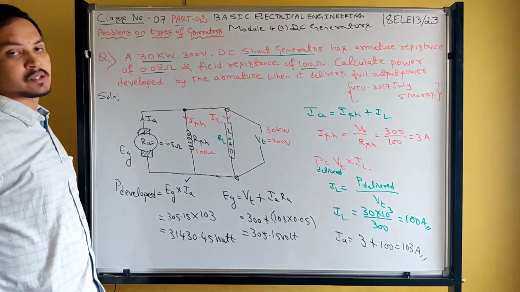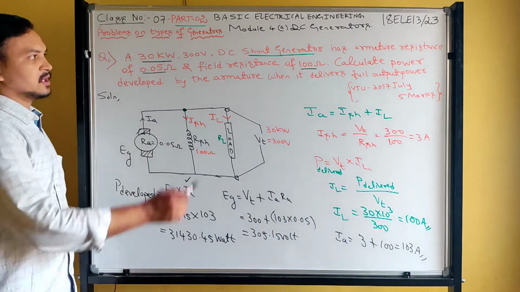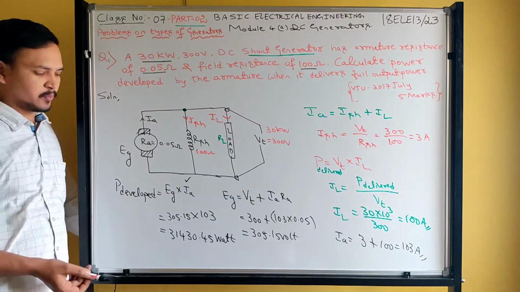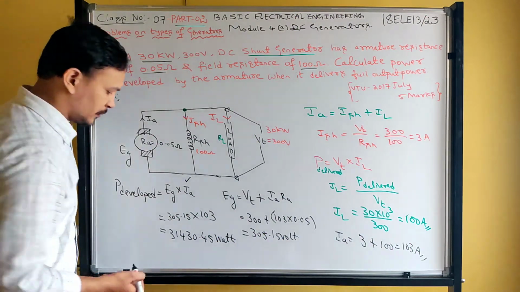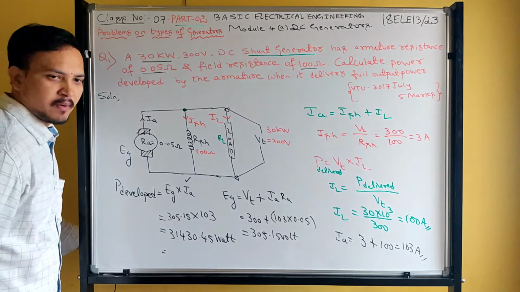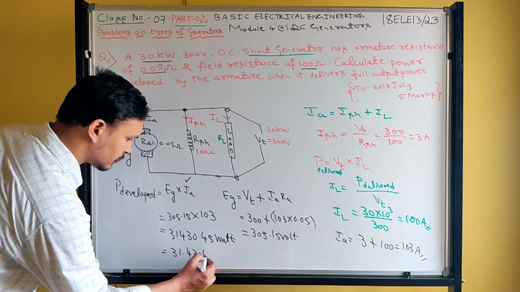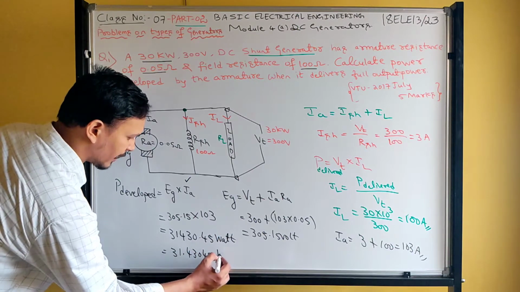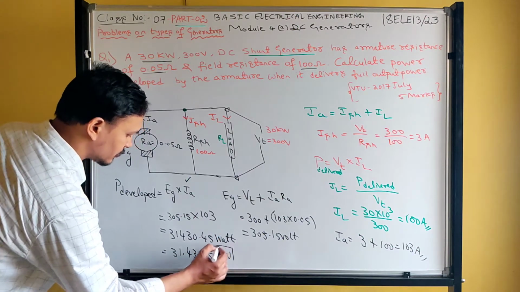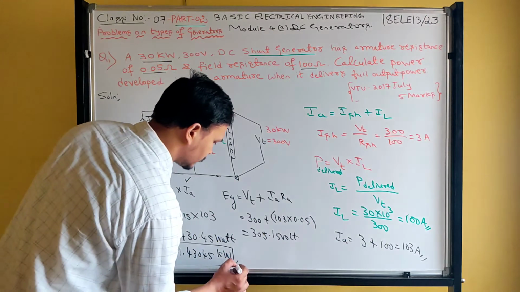This much watt is power developed. But we can keep the answer in kilowatt because it is more than 1000. Represent your solution in kilowatts. So then it becomes 31.43045 kW. So guys, this completes the solution.